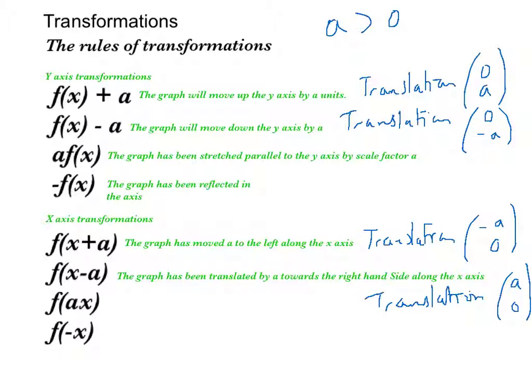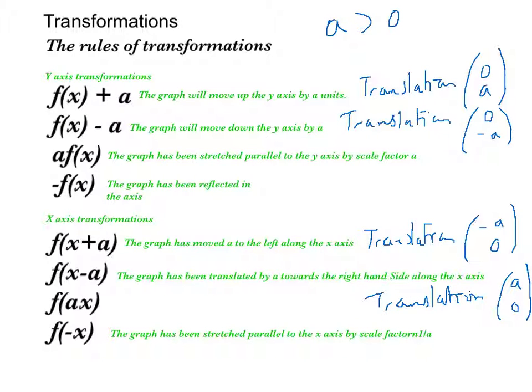This next rule here, f of ax, this means that the graph has been stretched parallel to the x-axis by a scale factor 1 divided by a. So be very careful with this, okay?